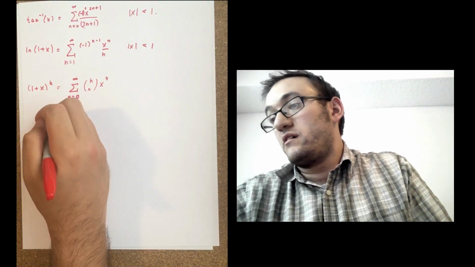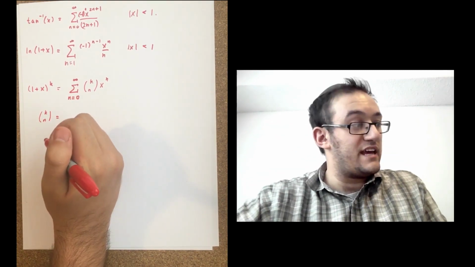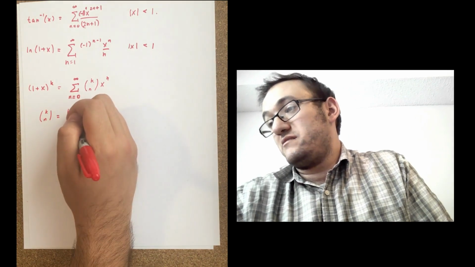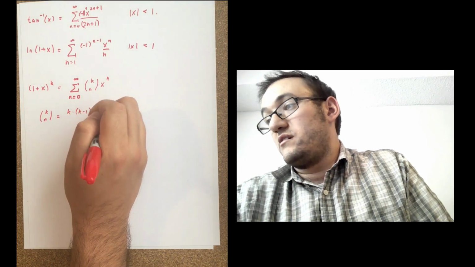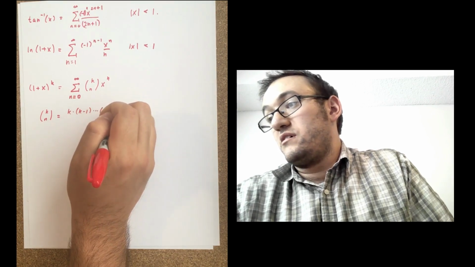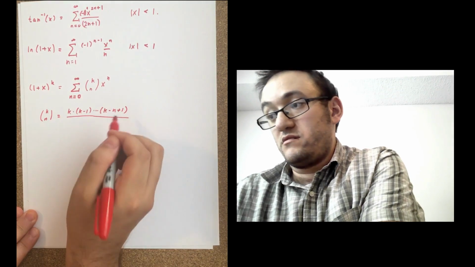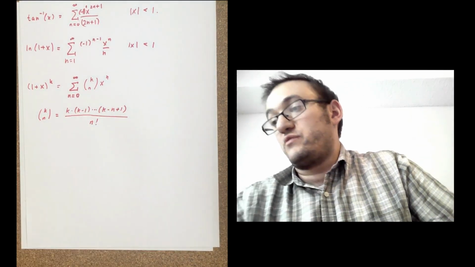where k choose n is called the generalized binomial coefficient, and it's written as k times (k minus 1) down to (k minus n plus 1), divided by n factorial.